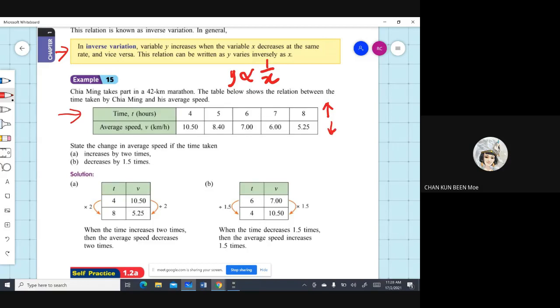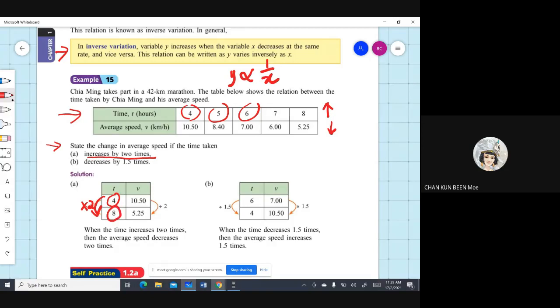Here the question asks you to state the change in average speed if the time taken increases by 2 times. So what you need to do, you just take any of the time given over here. It can be 4, 5, 6, 7, 8, up to you. So follow the example given. They have taken 4 as the time. When it increased by 2 times, meaning that you multiply by 2. So 4 times 2, you get 8.